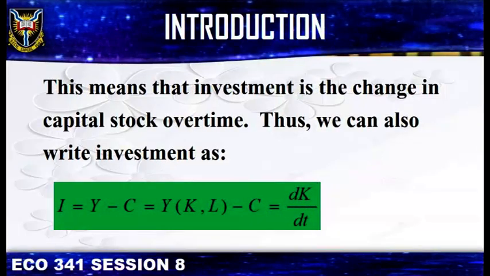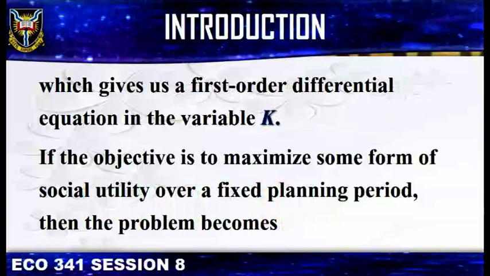This means that investment is the change in capital stock over time. Thus, we can also write investment as I equals y minus C, which equals y(K, L) minus C, which equals dK over dt, which gives us a first order differential equation in the variable K.